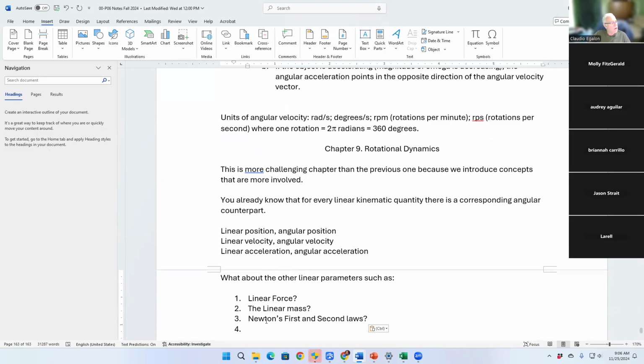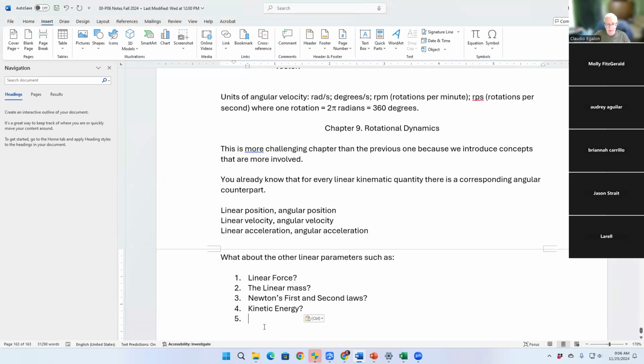Do we have an angular correspondence? What about linear kinetic energy? Do we have an angular counterpart? Do the other linear parameters also have an angular counterpart?